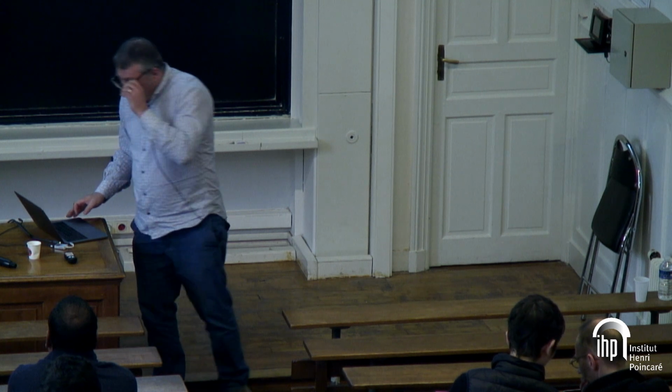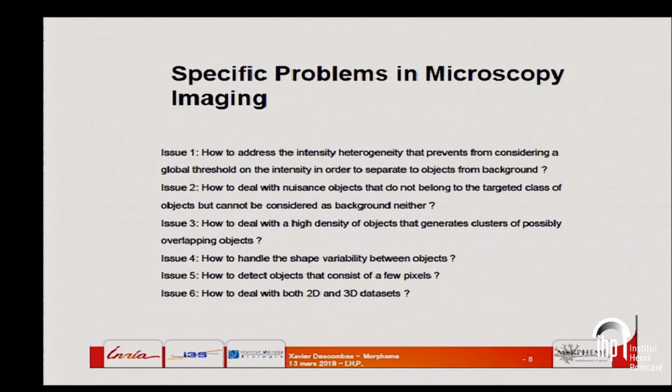Third issue, depending on the application, you may have a very high density of objects and possibly some clustering of objects. So how to separate the different objects within clusters. Again, when you speak about biological material, you have a high variability, so you have to address this when you make a model.